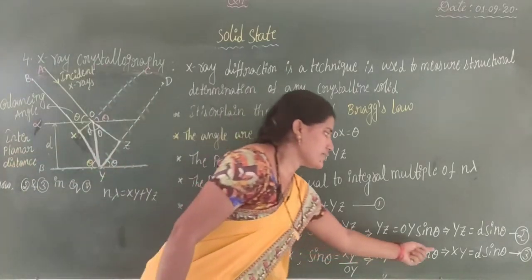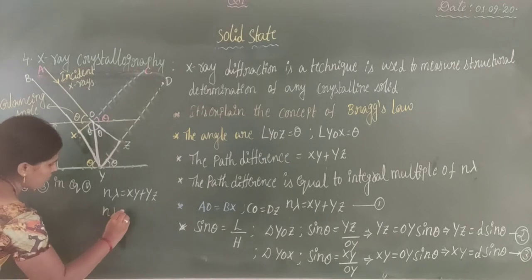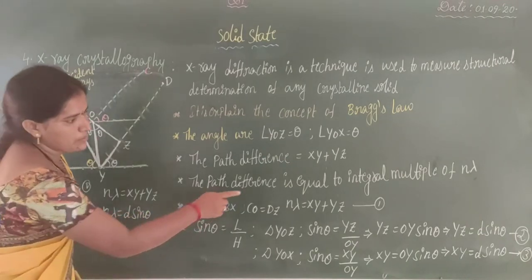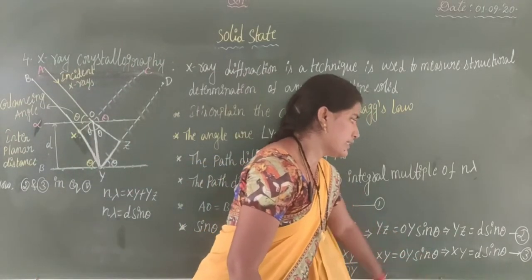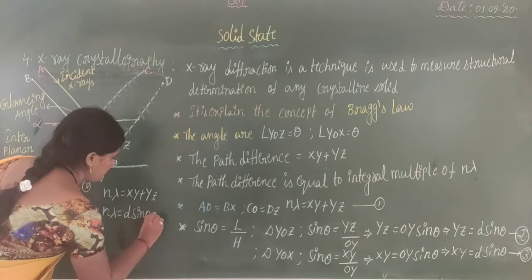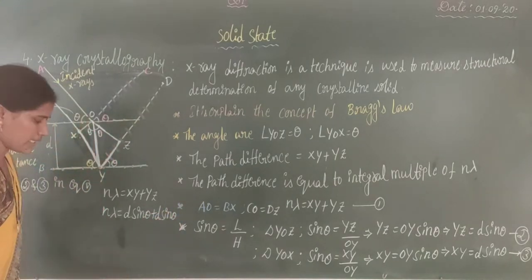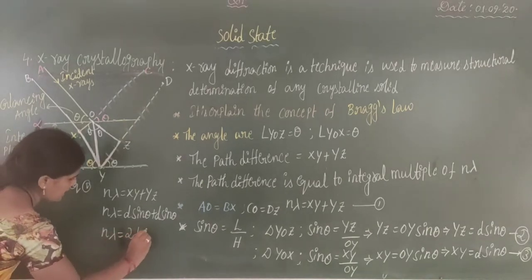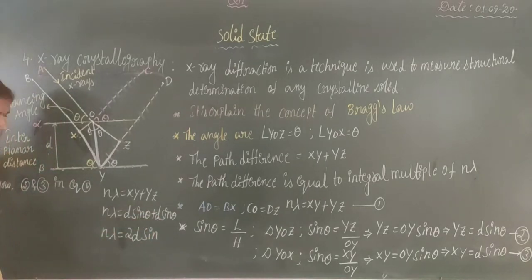XY is D into sin theta, and YZ is also D sin theta. So n lambda is equal to D sin theta plus D sin theta, which is 2D sin theta.